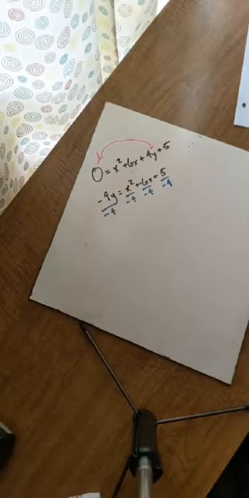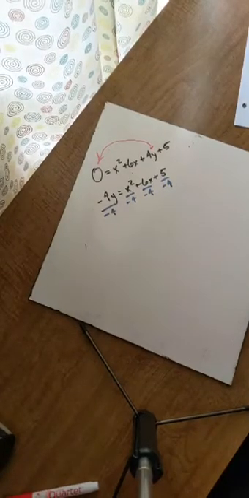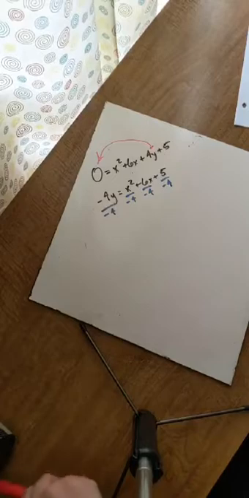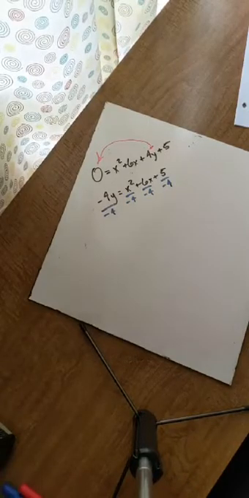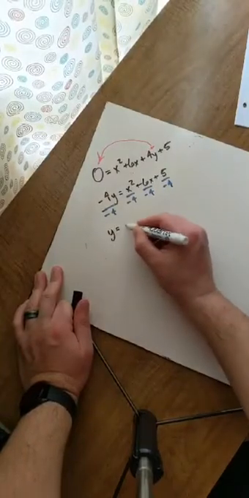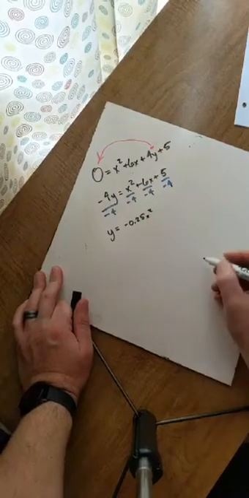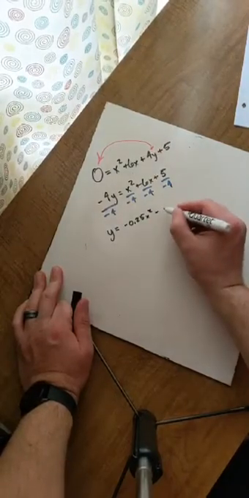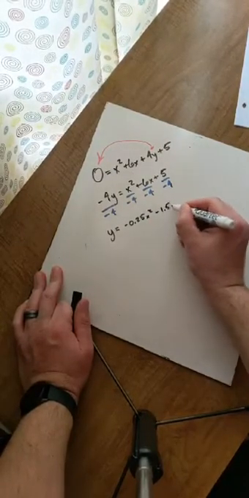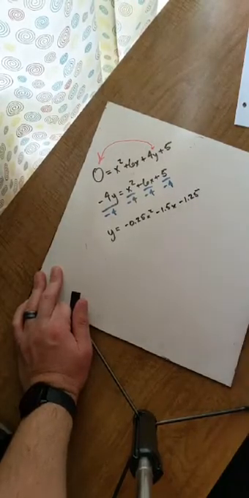I'm going to use decimals, but then at the very end, if we have any, I'm going to convert those back into fractions just to answer correctly. So if I divide everything by negative 4, this becomes y equals negative 0.25x squared, then negative 1.5x, and then minus 1.25.